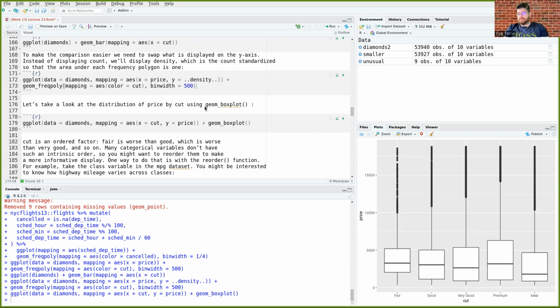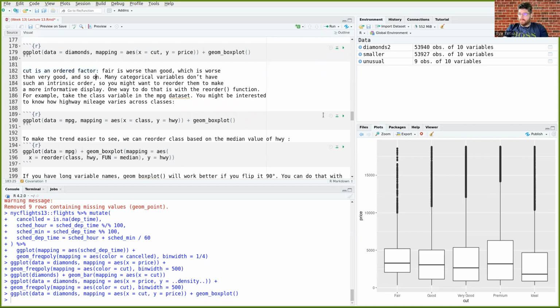But if we just look at what is happening inside the box, we can see that the fair cut diamonds on average have a median value higher than the very good diamonds and even the ideal cut diamonds. This is really unusual, and again it is telling us that cut is not a really good value to predict the price of the diamond, because we have illogical values over here.